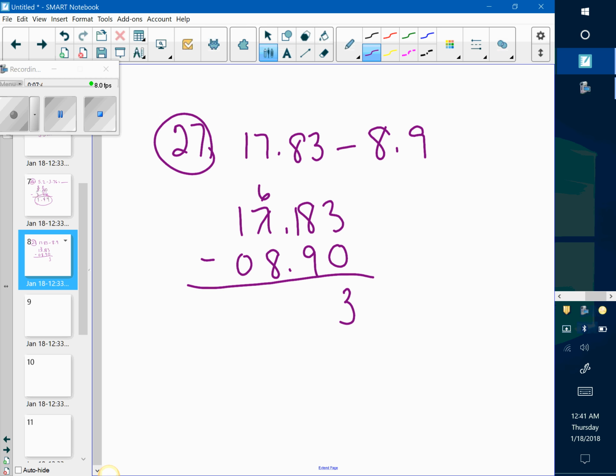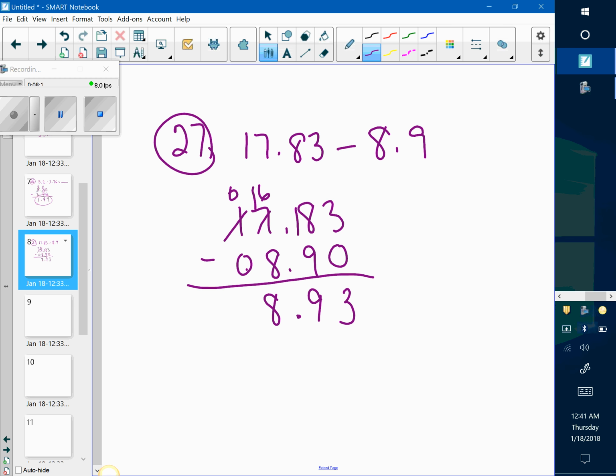Of course, it's going to make this one 18. So 18 minus 9 would be 9. 6 is lower than 8, so you're going to borrow from over here, so that makes that a 0. This becomes 16. 16 minus 8 would be 8. And then 0 minus 0 is 0. So your answer is 8.93.